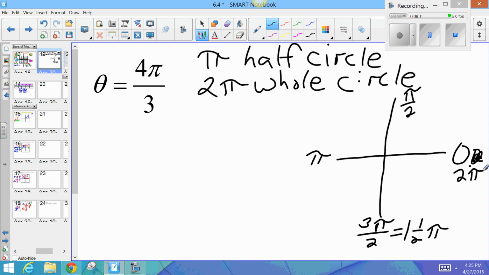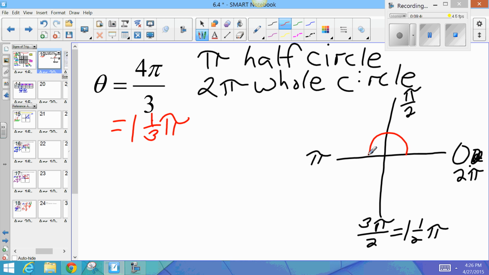All right, so what I might want to do is think about 4/3 pi as a mixed number. It might help me understand where this falls. So 4 divided by 3 is 1, remainder 1. So saying 4/3 pi is the same as saying 1 1/3 pi. What that means is it's rotating more than a pi.